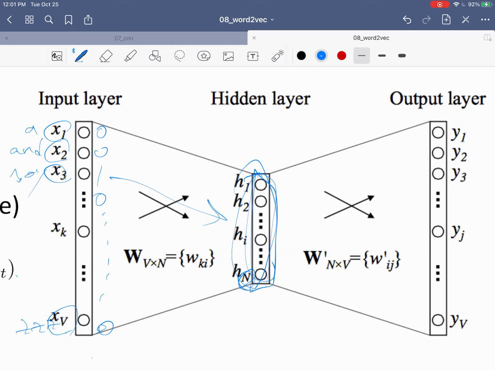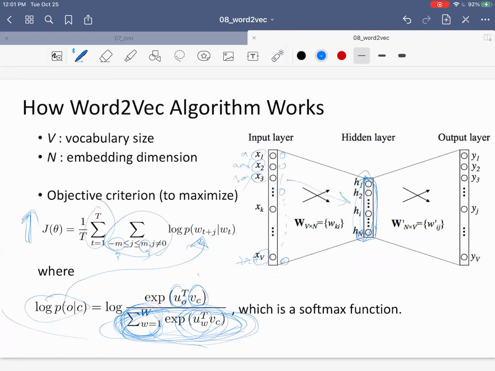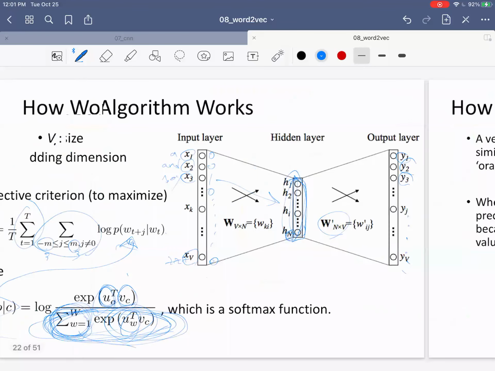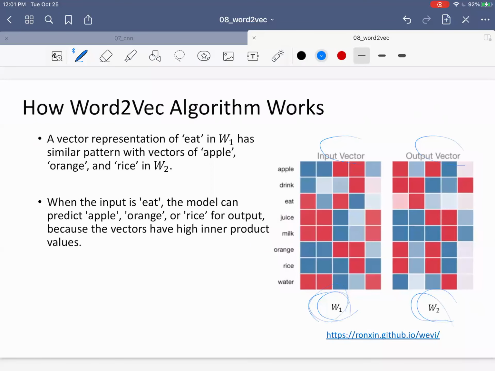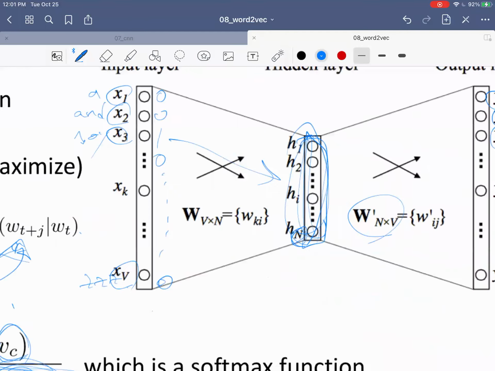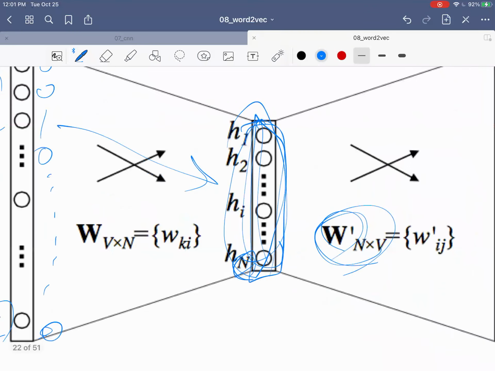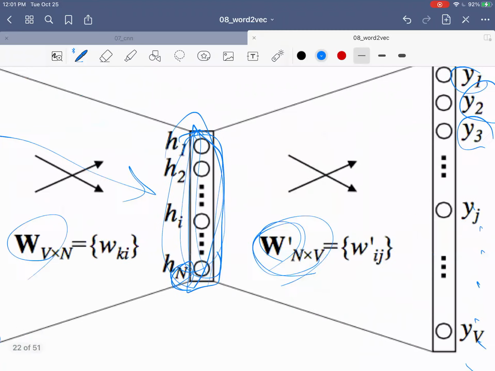And then what you do is you want this to be closer to your neighboring words. There's a bunch of neighboring words here, and each neighboring word will be different as you slide along your sentence. That is why you have a different lookup table. As I said, originally in word2vec, there was a lookup table for target, and a lookup table for neighbor. So that is why you have a different W prime for the neighboring vector. This is W for your target word.